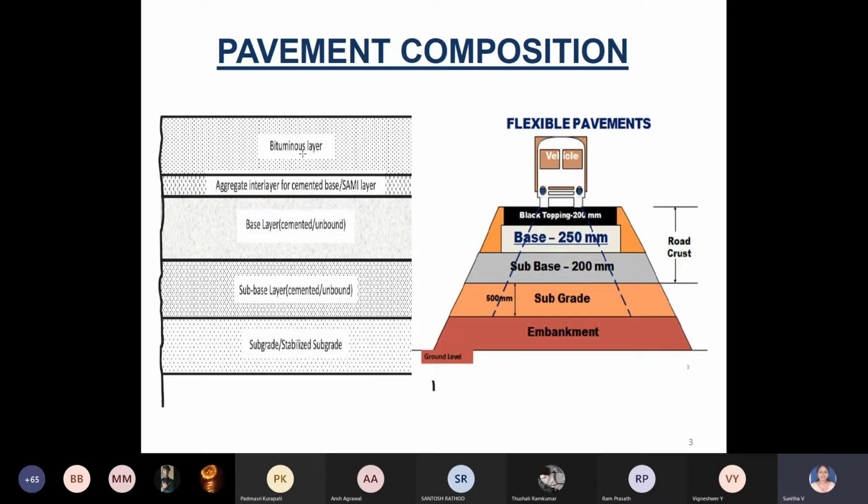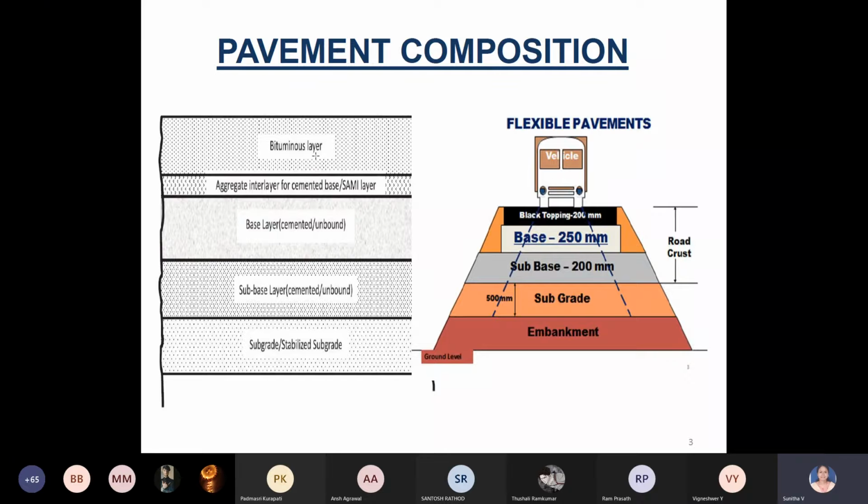To avoid that, you can have a thin layer of aggregate, or you can provide a semi-absorbable membrane interface layer, such that even though some cracks are there in the cemented base, they won't get reflected in the bituminous layer. This is needed if you are providing a cemented base or sub-base.